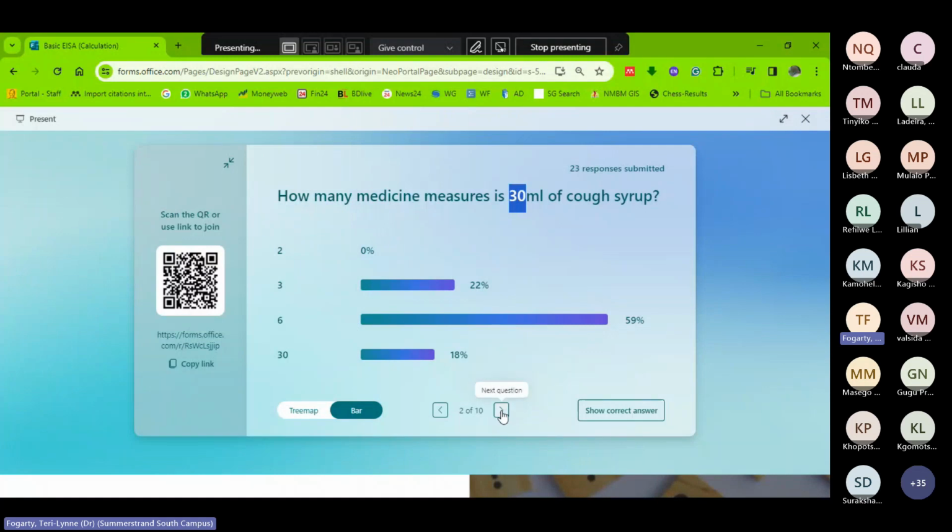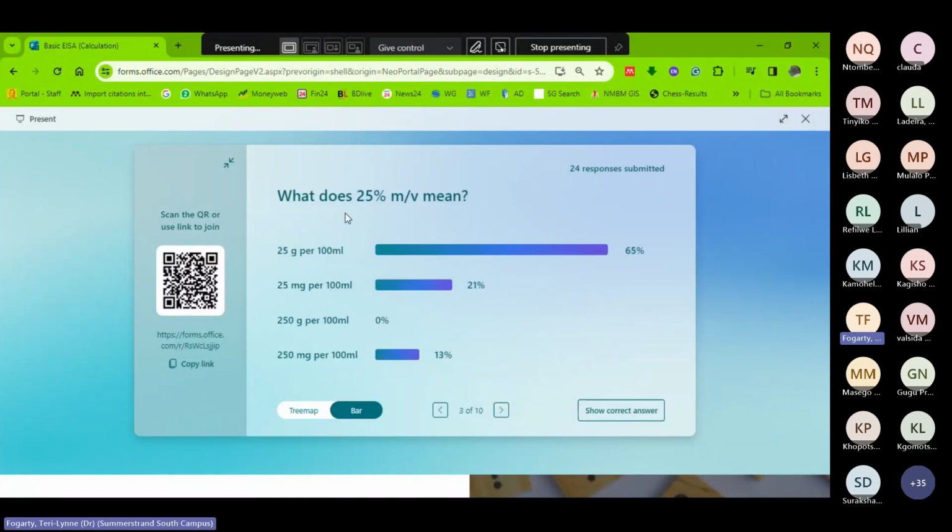The next example. What does 25% mass per volume mean? Now, I covered this under SI units when I was presenting the slides. Okay, so hopefully I've given you a chance to write it down. But we said that when you see a mass per volume or a weight per volume, it refers to grams per 100 mils.